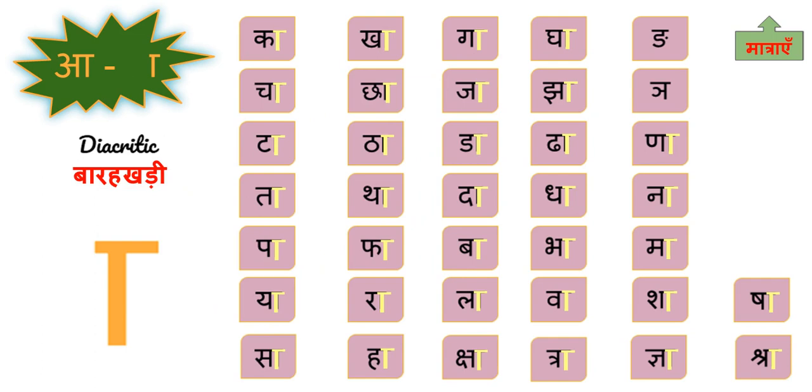And they will be read as ka, kha, ga, gha, etc. This means the consonant remains the same and the sound of vowel a will be added to that, and both together will be read at a length of minimum 2 seconds, and it will be read as ka, kha, ga, gha, etc.